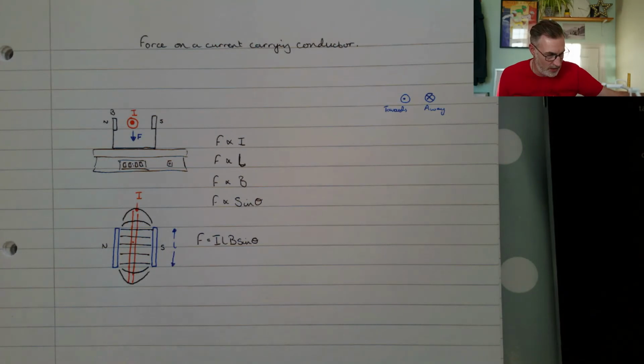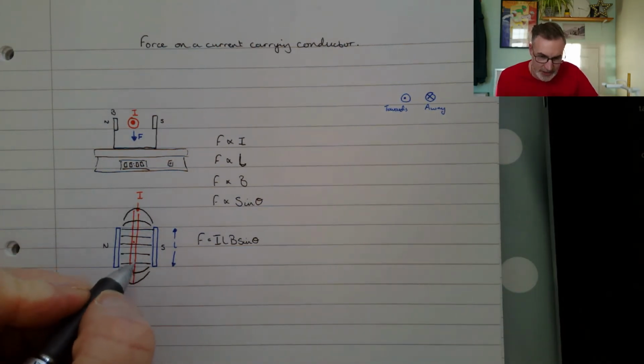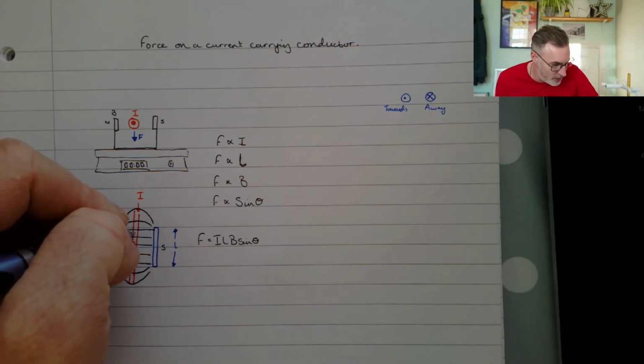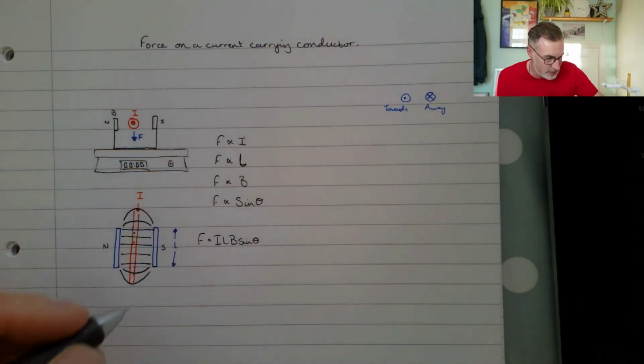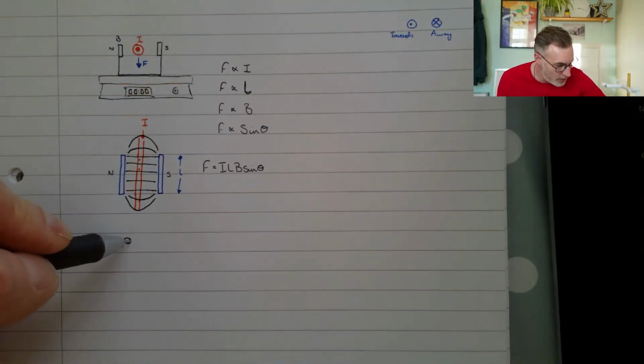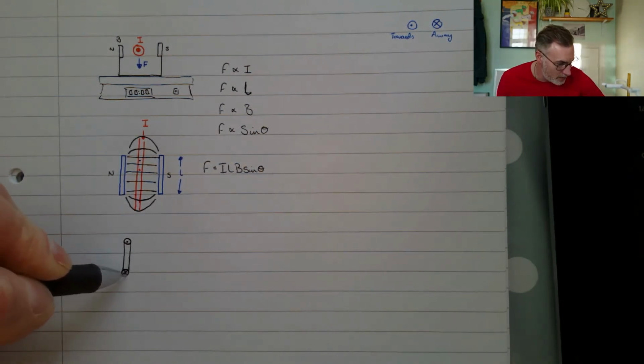So let's say the current, instead of coming straight through, is going to go down this way. So another drawing, current is going to go down that way. It's going to go along this way. And it's going to come up that way.